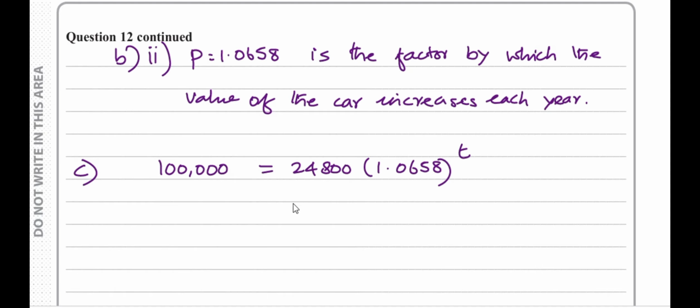Therefore, we will be finding out the year in which the value becomes 100,000. So rearranging, we will get 100,000 upon 24,800 is equal to 1.0658 to the power of T.